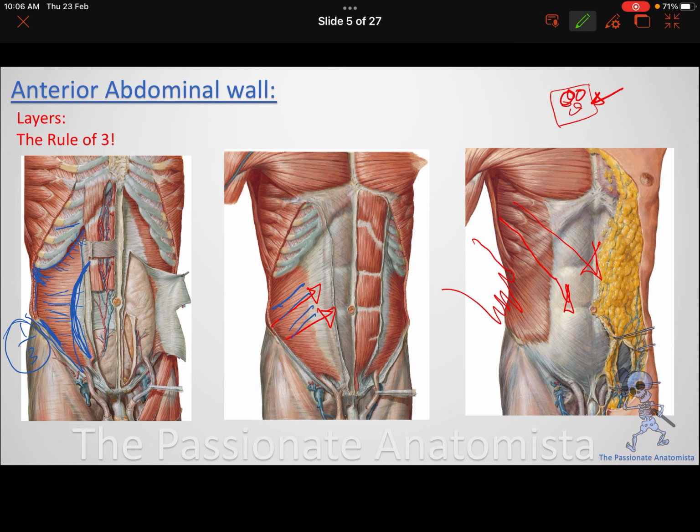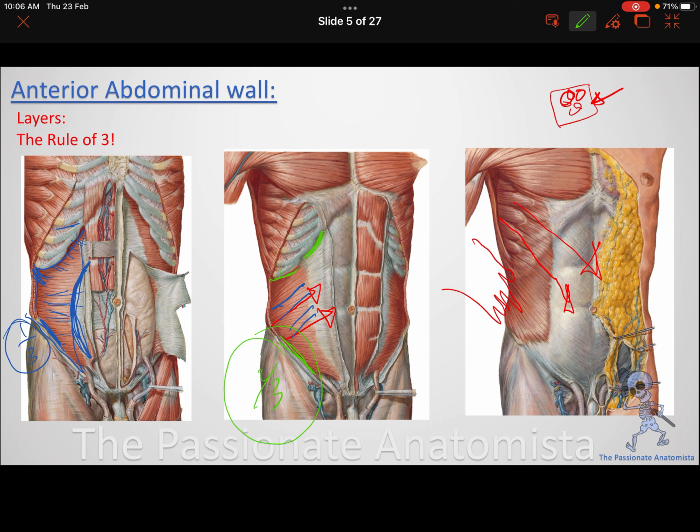All right, now what about the internal oblique? The internal oblique, guys, doesn't come from here. It doesn't come from the inner surface of the costal cartilages. It comes from the lateral aspect. So it comes from the inferior surface of the lower ribs laterally, and of course from the thoracolumbar fascia, and down here from the lateral 2/3 of the inguinal ligament.